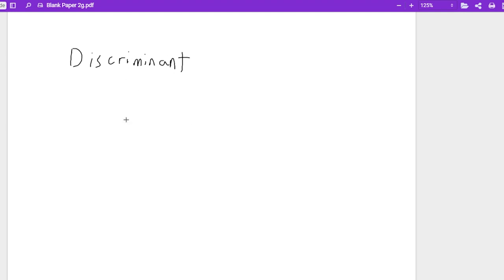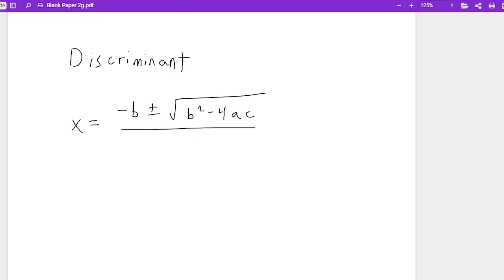And where the discriminant comes from, if I remember quadratic formula, x equals negative b plus or minus the square root of b squared minus 4ac all over 2a, the discriminant is just b squared minus 4ac. Not even the square root. So the discriminant is b squared minus 4ac.